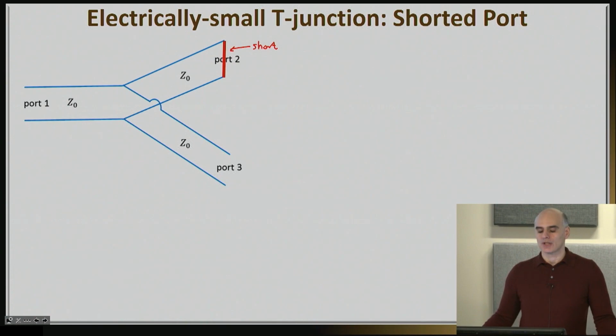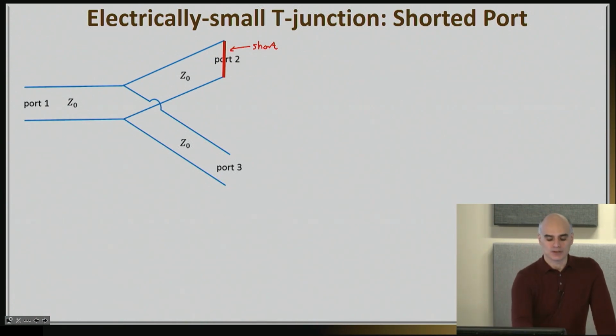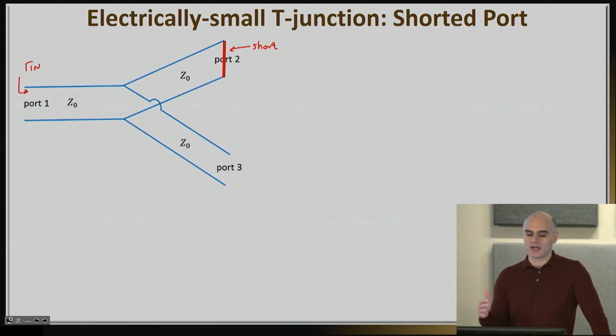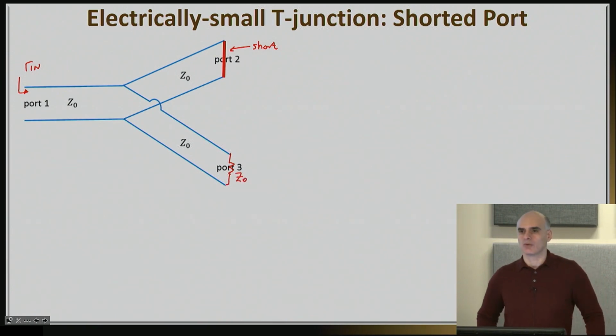And now the question is, tell me what, for example, will be the reflection coefficient in port number 1. So I want to find out, let's say, gamma in, the reflection coefficient into port number 1, given that my port 2 is shorted. The impedance in port 3 will be assumed unchanged from the S parameter calculation. That means the impedance in port 3 will be assumed to be equal to Z0.